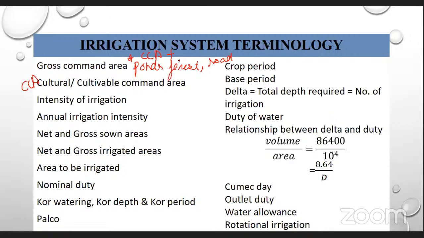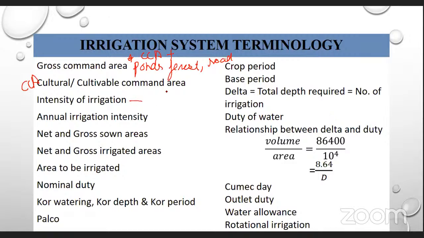Then we have the intensity of irrigation. The intensity of irrigation can be defined as follows: when water supply from the reservoir is not adequate, only a certain percent of CCA is brought under irrigation seasonally.